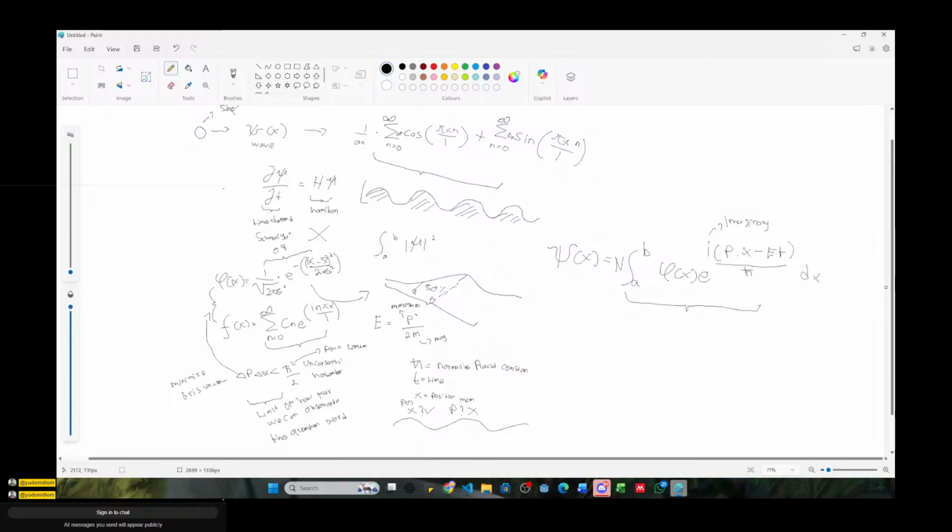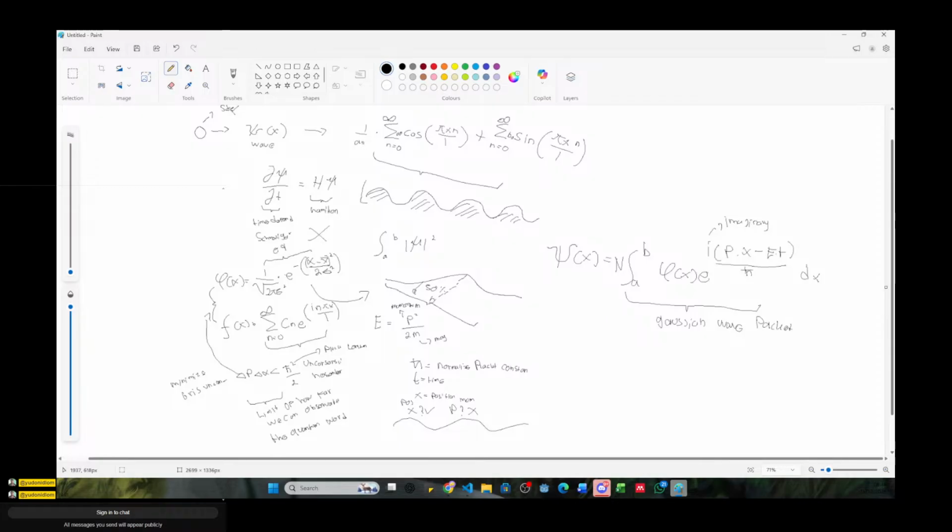Okay, this is the Gaussian wave packet. This Gaussian wave packet here.